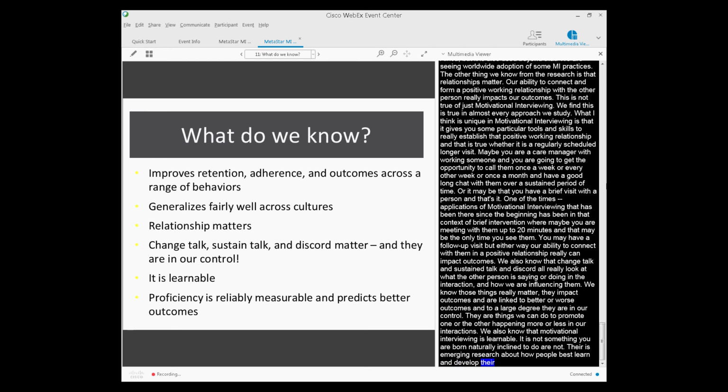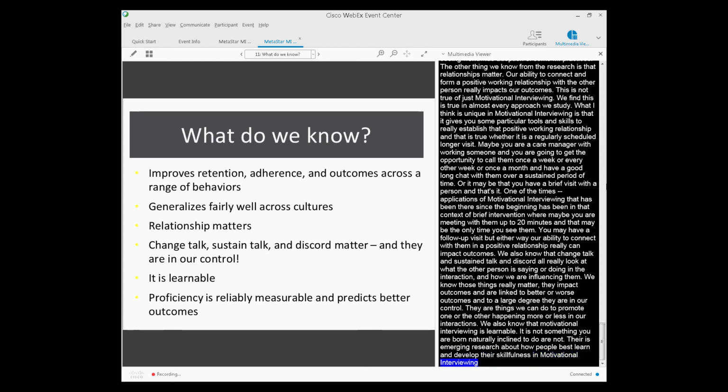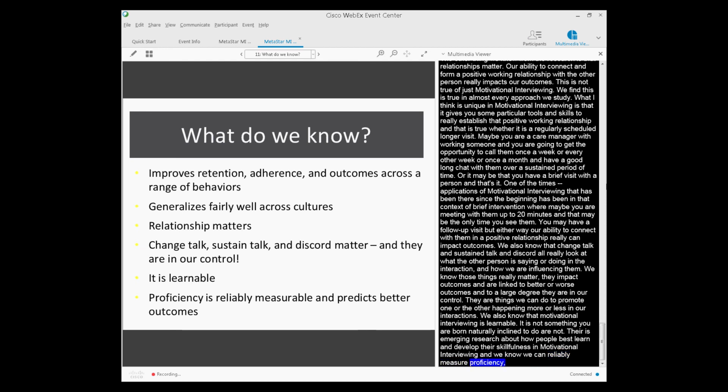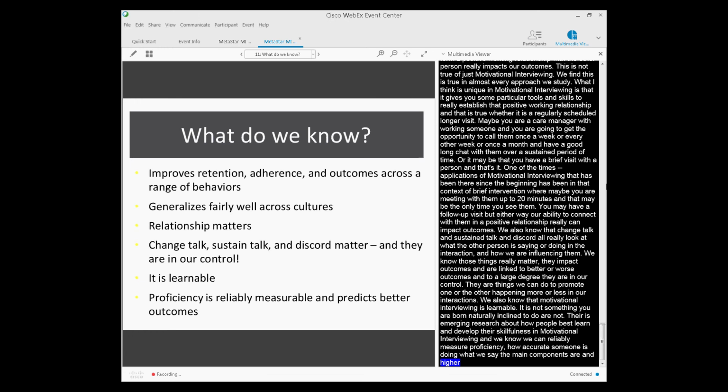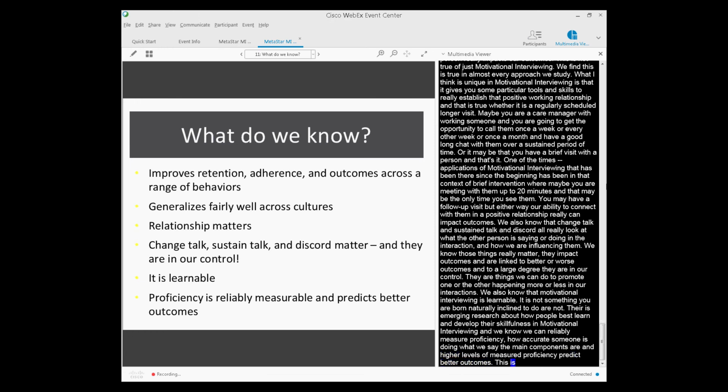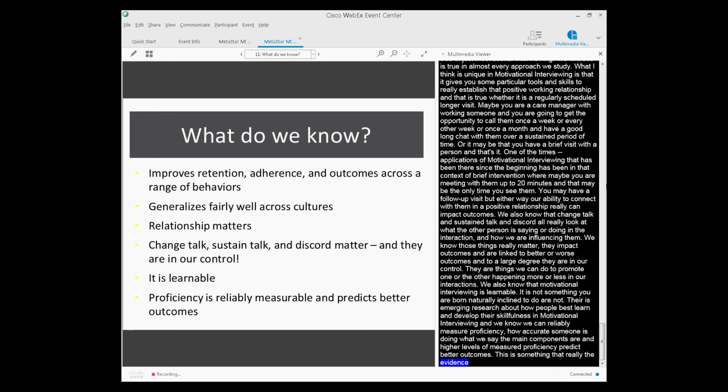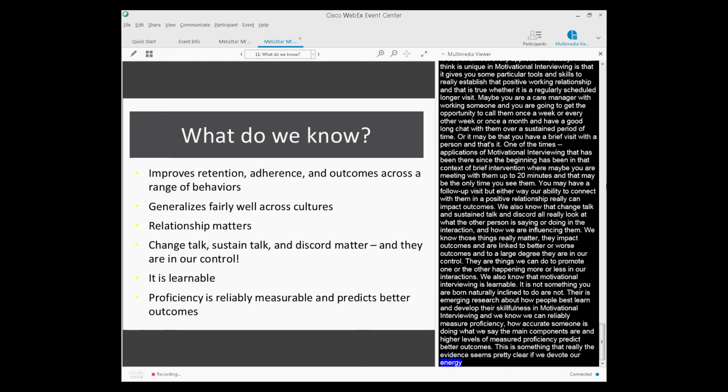And we know that we can reliably measure proficiency, so how accurately someone is doing what we say the main components of motivational interviewing are. And higher levels of measured proficiency predict better outcomes. So this is something that really, the evidence seems pretty clear. If we devote our energy and our efforts on improving our practice in motivational interviewing, it's going to have a beneficial outcome to the people we serve.